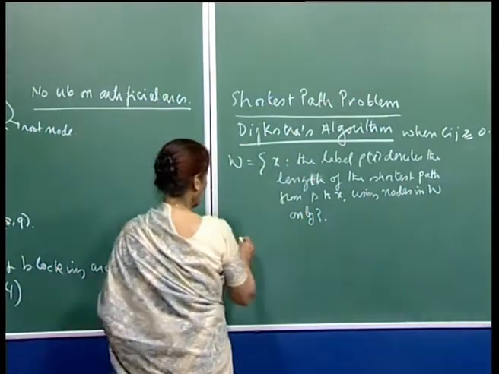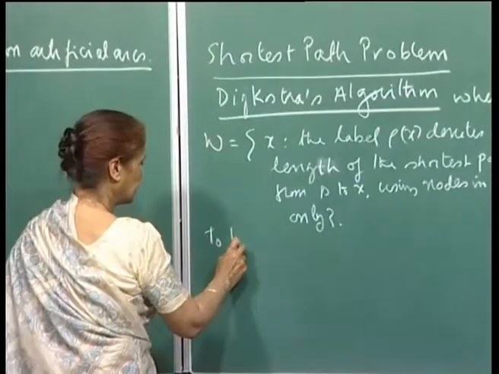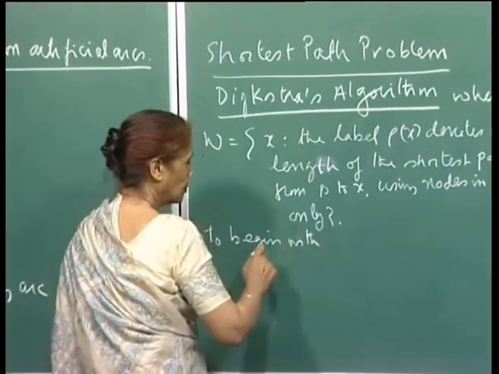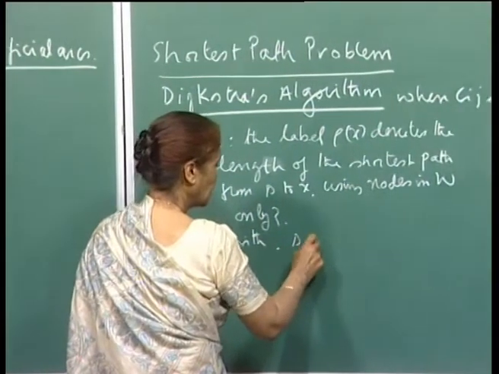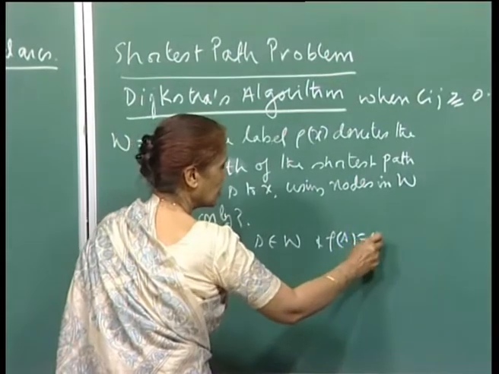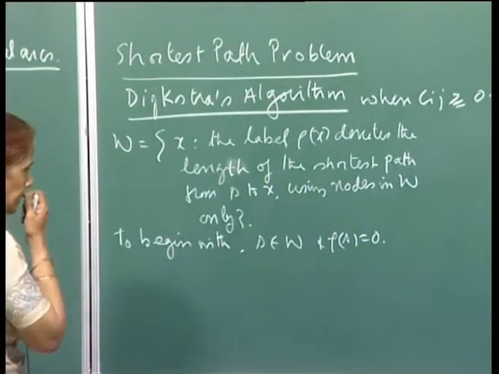To begin with, S belongs to W and rho S is 0, because that is the starting node.